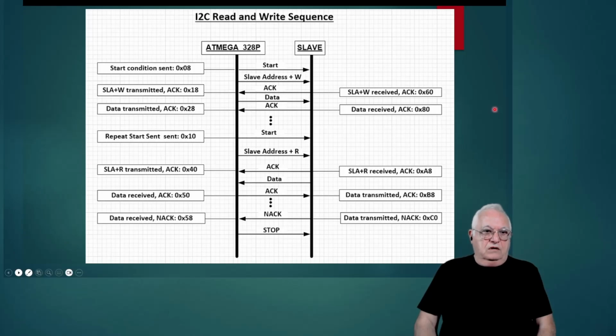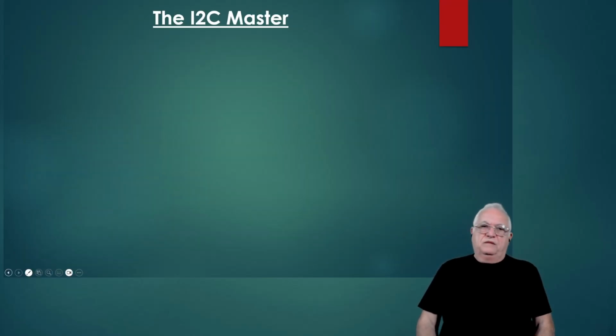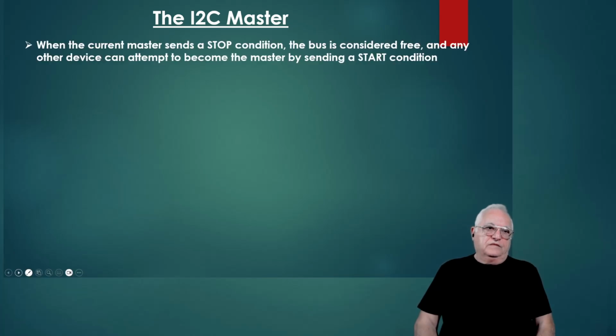So now let's talk about the master, how you become a master, how you decide who's going to be the master. When the current master sends the stop condition, the bus is considered free, and any device can attempt to become the master by sending the start condition.